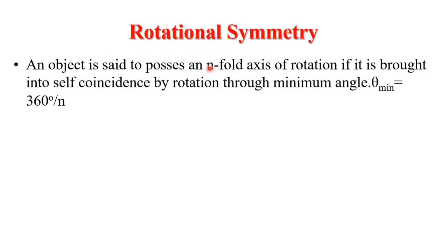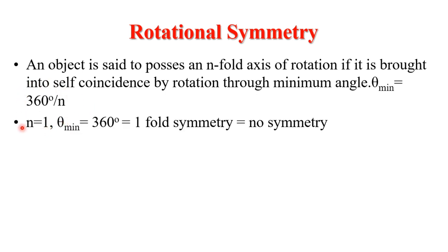Let's look at the details of rotational symmetry first. An object is said to possess an n-fold axis of rotation if it is brought into self-coincidence by rotation through a minimum angle of 360 degrees divided by n. For example, if we have n equal to 1, then theta min will be 360 degrees.